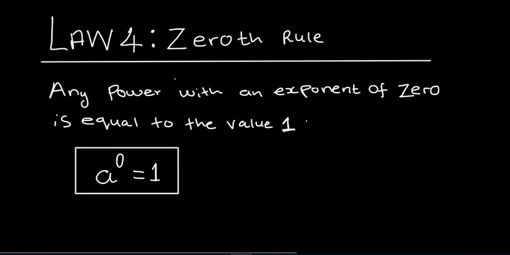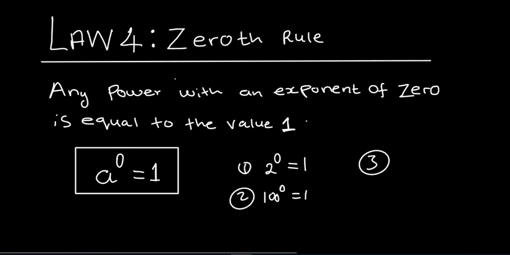All right. So which means if you've got 2 to the exponent of 0, that's equal to the value of 1. Okay, if you got 100 to the exponent of 0, that equals 1. Right, if you've got x to the exponent of 0, that equals 1.